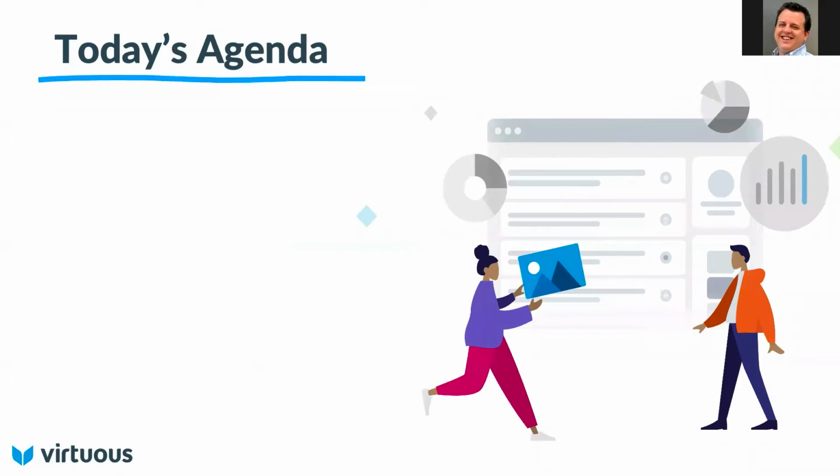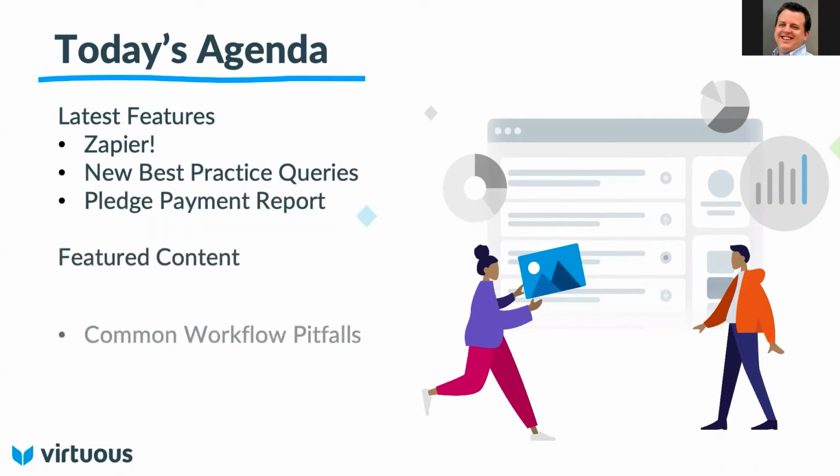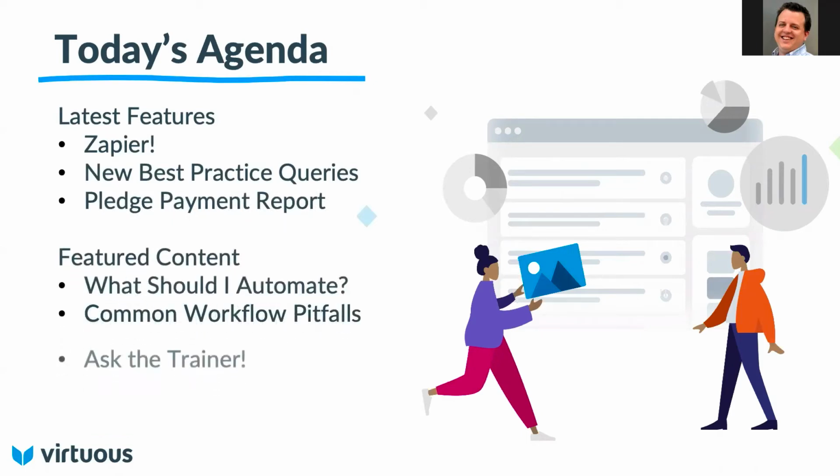In terms of our agenda for today's session, we still want to take just a brief look at some of the latest release features that came out in our last release here in Virtuous. Then we want to look at some of that featured content. What sort of things should you automate? If you are getting started for the first time with automation, what are some good use cases? How should I deploy it? What do I want to build in here? Then we'll look at some common workflow pitfalls.